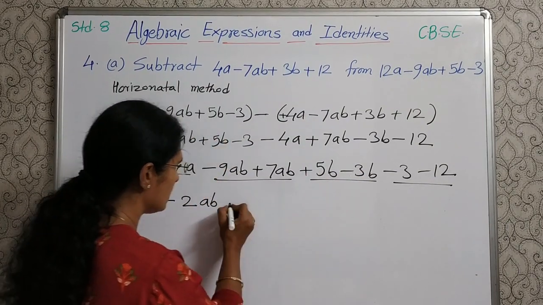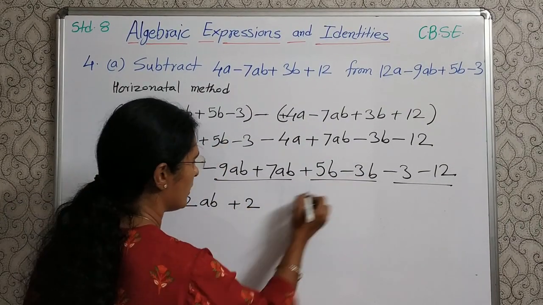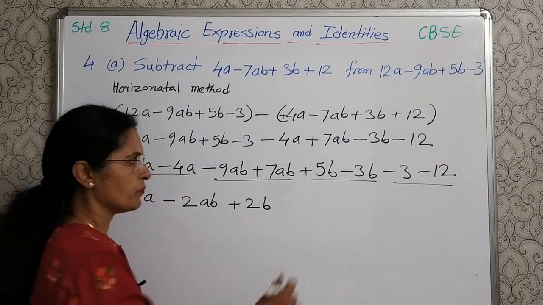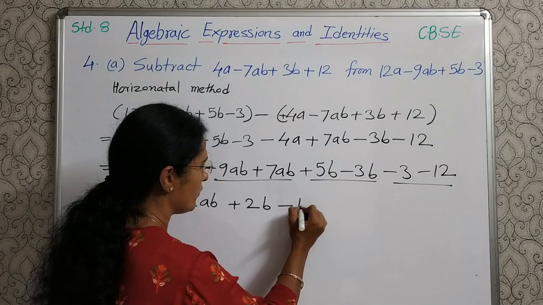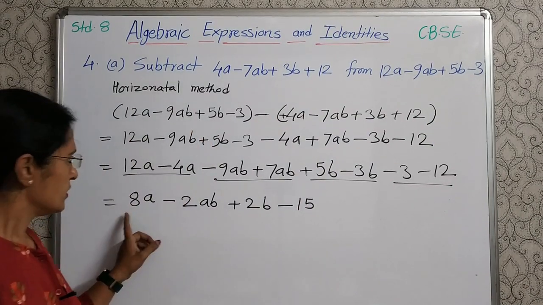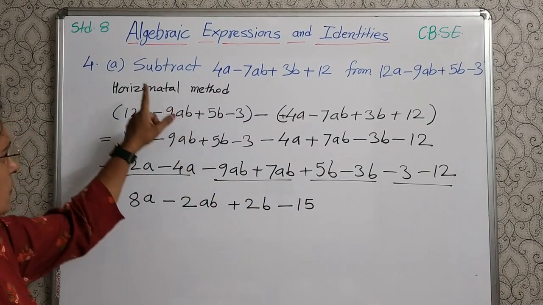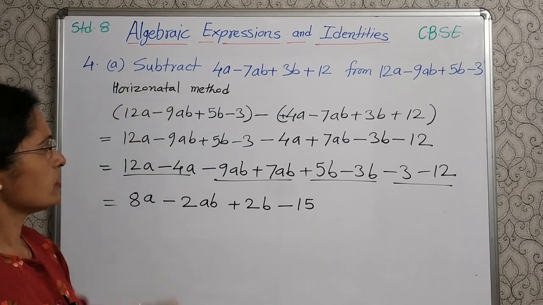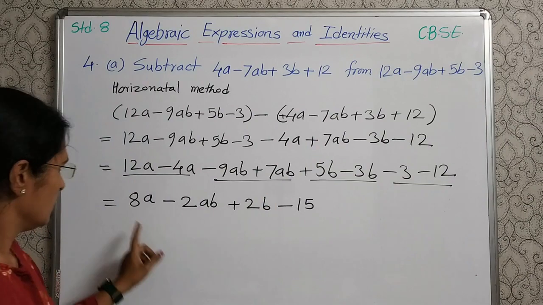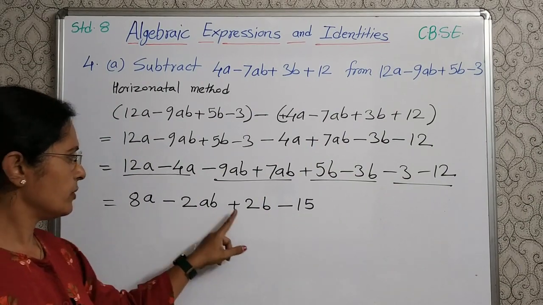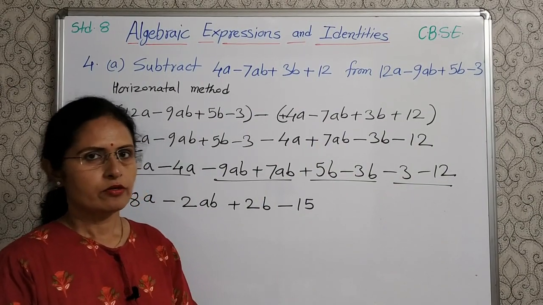Plus 5 minus 3 is plus 2 and b is their common variable. Minus 3 minus 12 is minus 15. So this is the answer for fourth A sum. Subtract this expression from the other expression. This is the answer. 8a minus 2ab plus 2b minus 15.